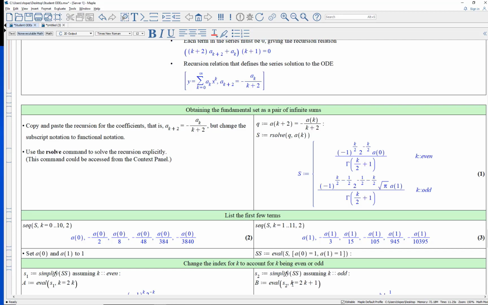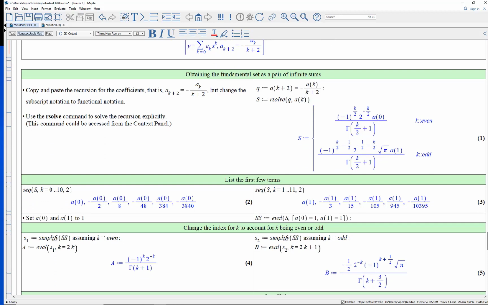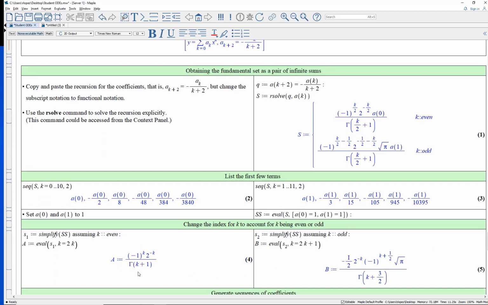And let's replace here K by 2K plus 1. So this is what you get when you assume K is odd. So we're splitting this up into its odd and even terms. So A will be this, big A will be this, and big B will be that.